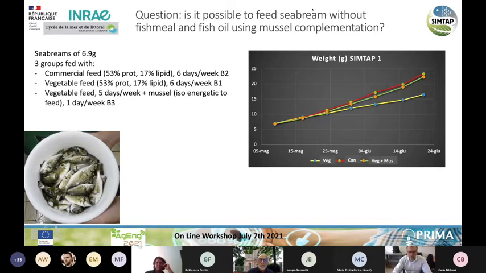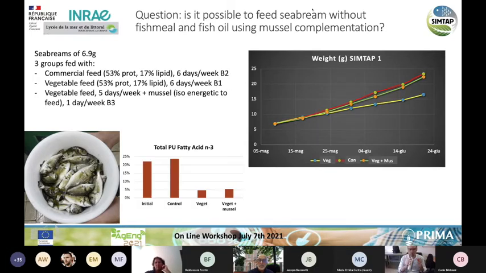What we observed is that the vegetable feed induced a lower growth than the control, but the addition of mussel permitted to reach the growth performance of the control.